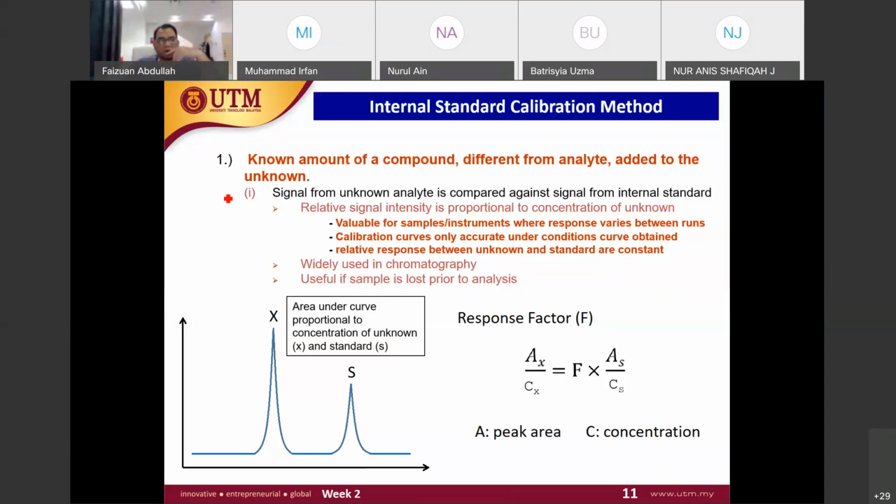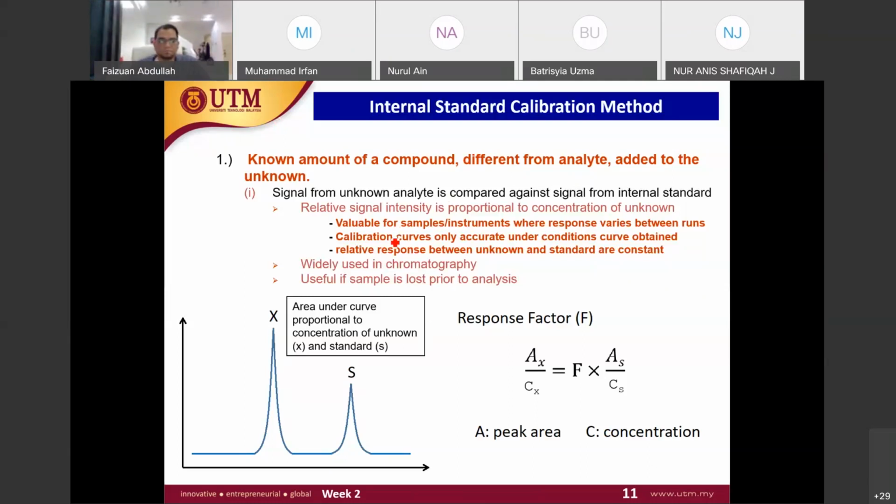A known amount of a compound different from the analyte is added to the unknown. The compound has a known concentration but is different from the unknown sample, meaning a different peak will appear, not a similar peak. Signal from the unknown analyte is compared against signal from the internal standard. Relative signal intensity is proportional to the concentration of the unknown.